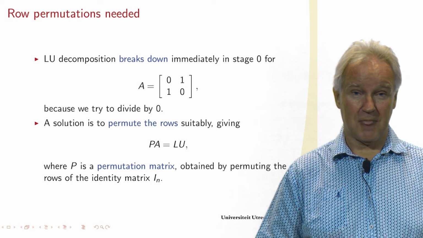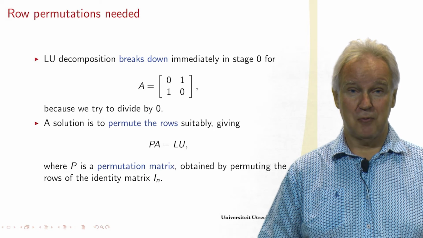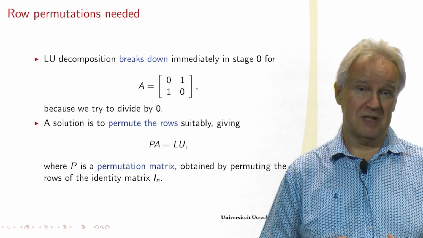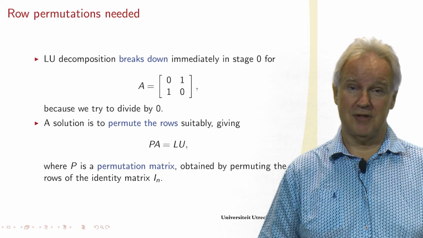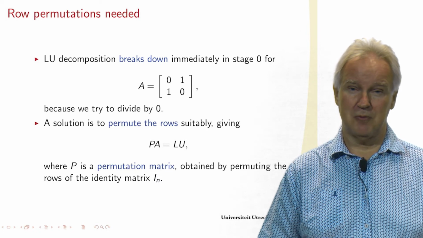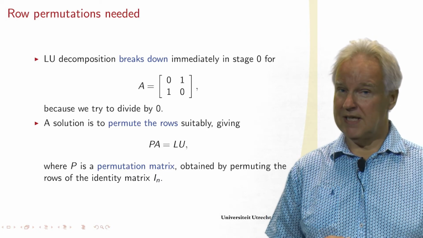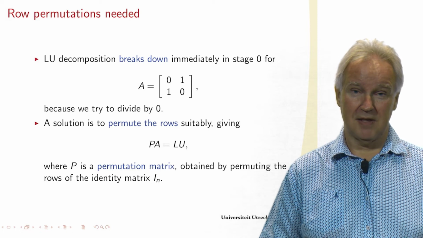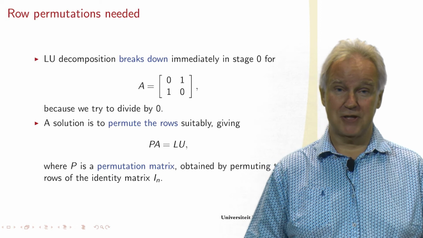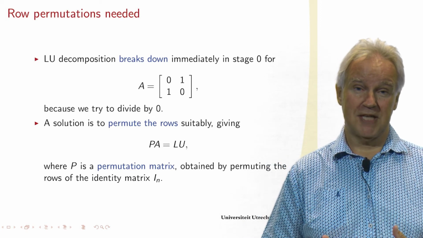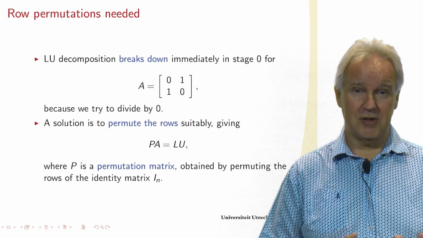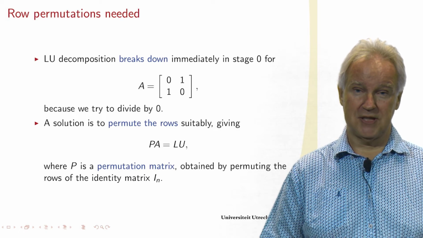Well, instead of taking this matrix, we permute the rows. And we can still continue then with the LU decomposition, because then the 0 becomes a 1, and this will work. Formally, we say that we multiply the matrix A with a permutation matrix P. And then for this matrix, P times A, we compute the LU decomposition.